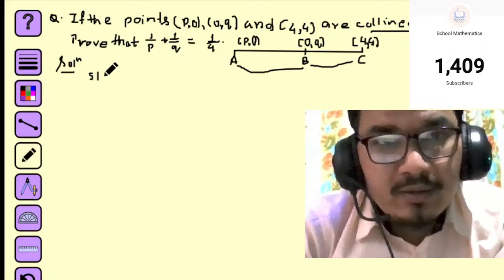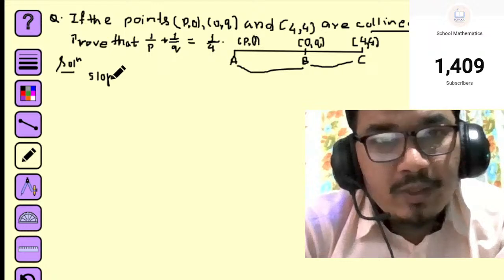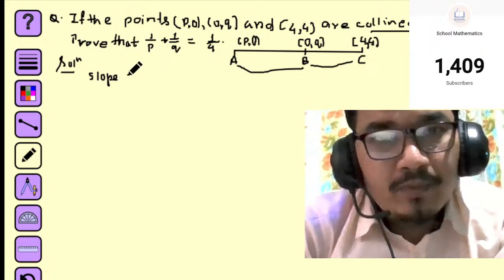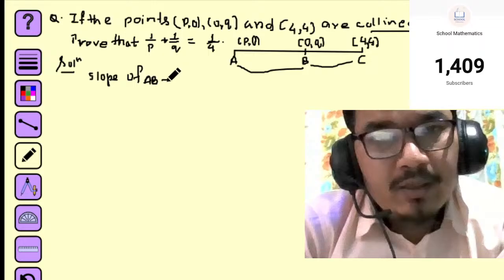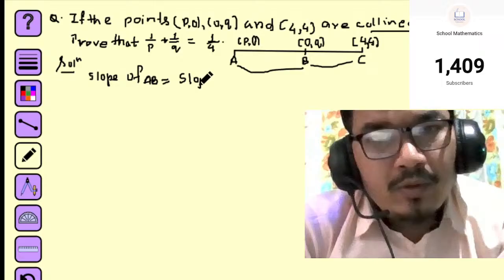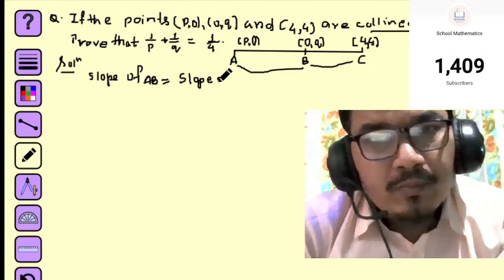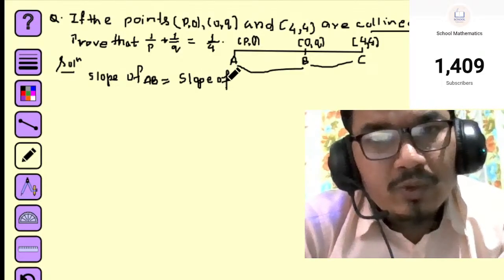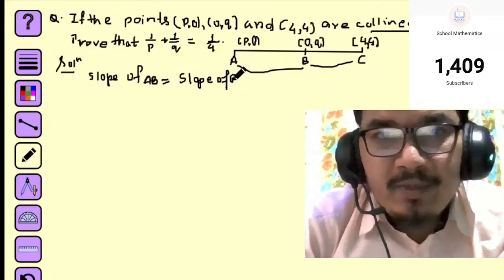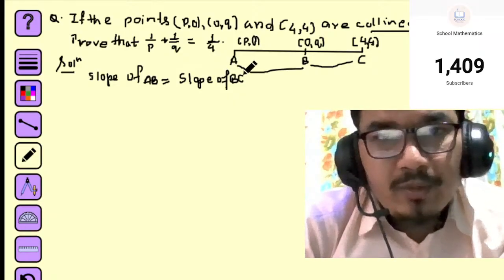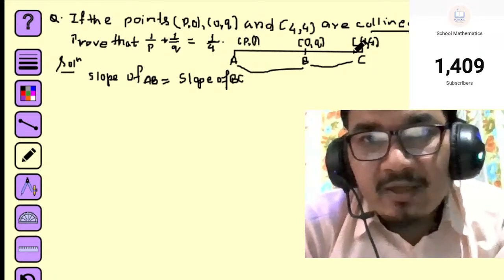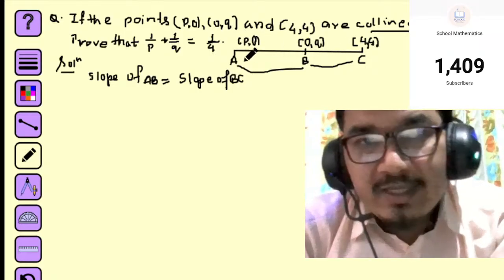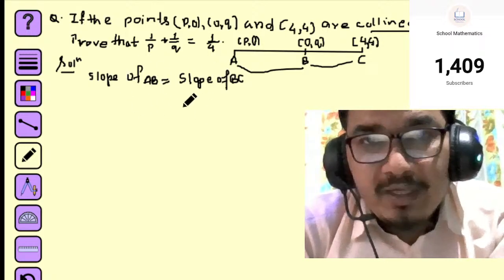Slope of AB equals slope of BC. Why? Because these 3 points are lying on the same line, so the slope will be the same. That is the meaning of collinear.